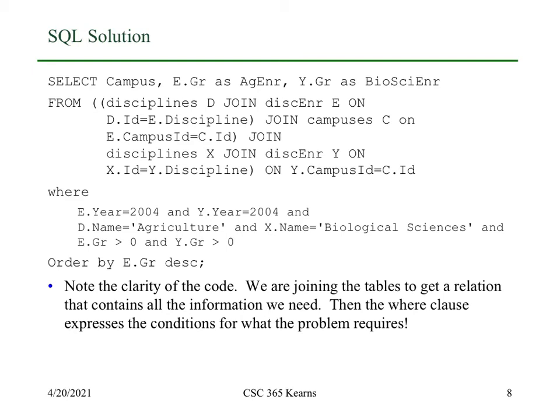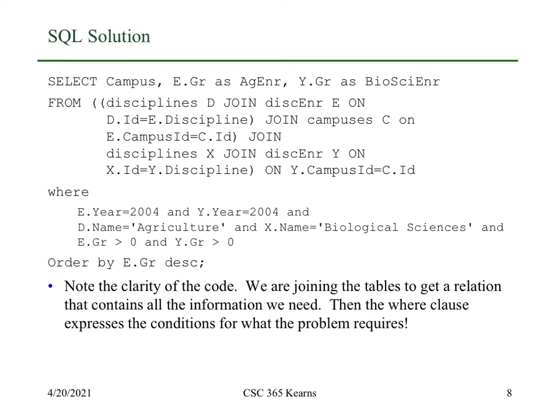Notice the big picture first of all. We have what we want to write out in creating the final table. We're just going to have the campus, the enrollment for agriculture, and the enrollment for biological science. And notice the structure.